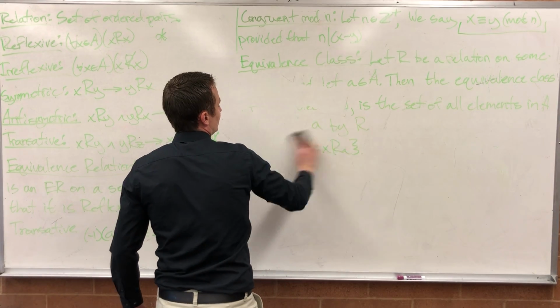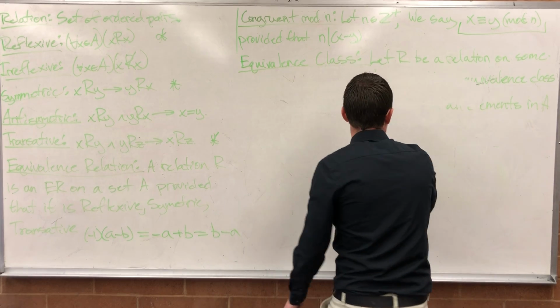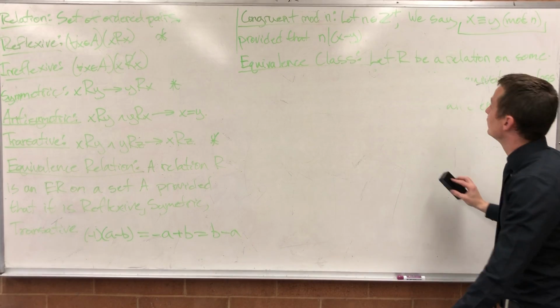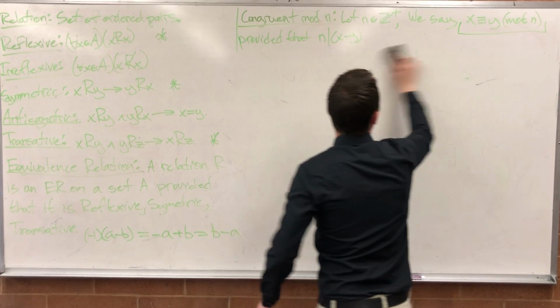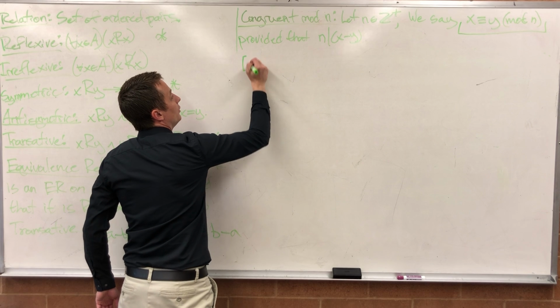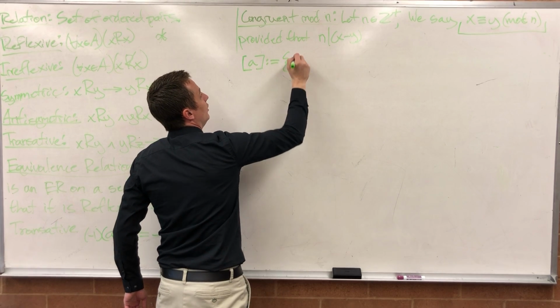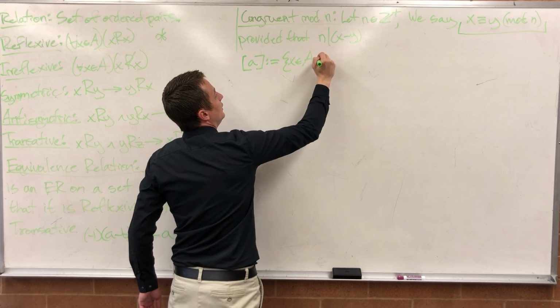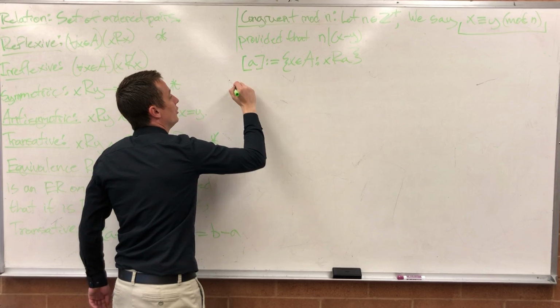So let's prove that someone's always a member of their own equivalence class. And we almost get that for free. Probably shouldn't have erased this definition. Shoot. We'll just write the concise version of it really quick. What was the equivalence class of a? It was defined to be the set of all x in big A such that x is related to little a. Okay. Proof.